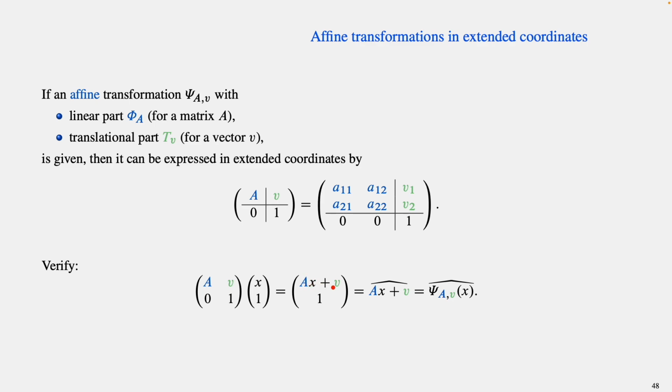We multiply it by matrix A, then we apply the translation plus v. And here the 1 remains, because in the second row we multiply vector x by the 0 vector here, so by these two zeros, and the 1 gets multiplied by the 1 here, so we are left with 1 down here. So this is again the extended coordinate representation of a vector, and it's precisely the vector that we get by plugging x into this affine transformation here. So this works as a 3 by 3 matrix representation for affine transformations.